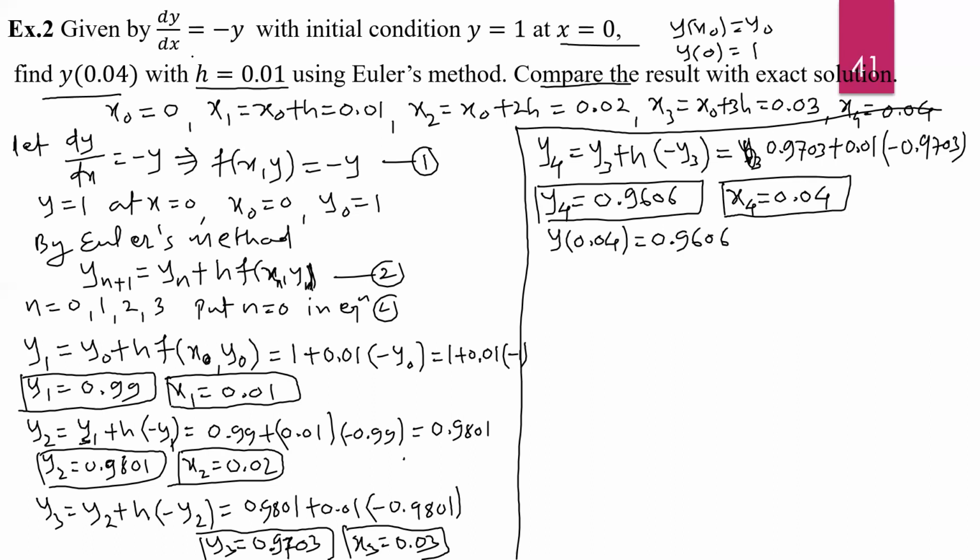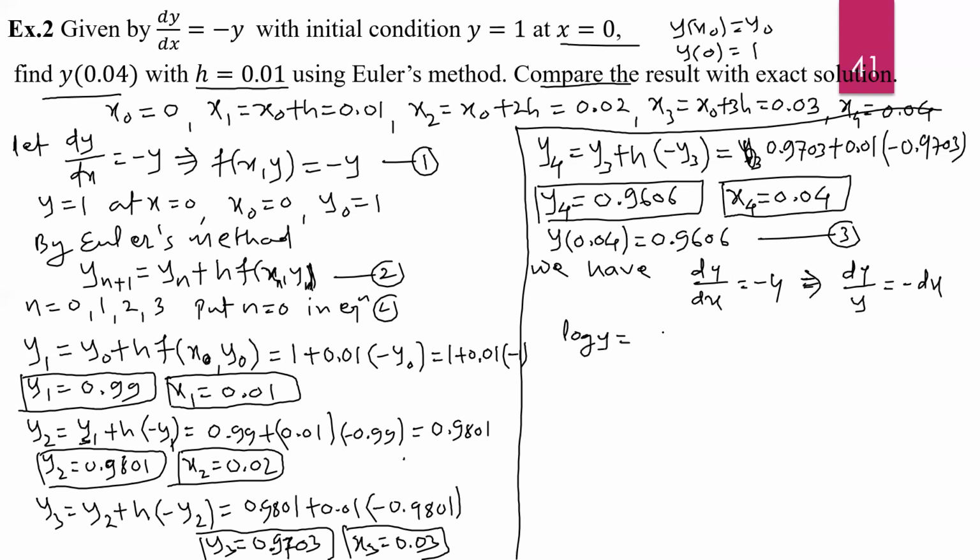For the exact solution, consider this equation number 3. We have dy by dx is equal to minus y. Use the variable separable method. dy upon y is equal to minus dx. Now integrating, we get log of y is equal to minus x plus the integration constant, log of c.